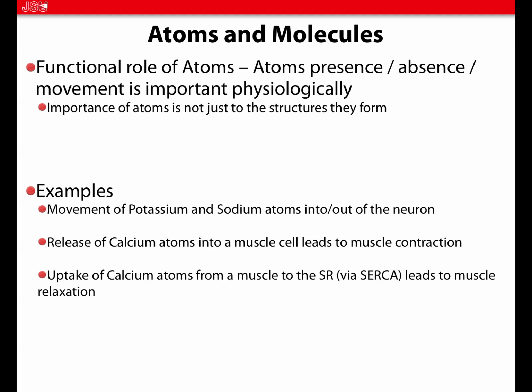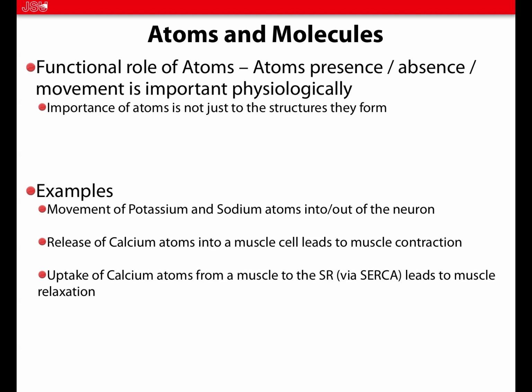Okay, so the presence of calcium, an atom, is important in the functioning of your cell to make your muscles contract. Sodium and potassium, when we look at the neuron, is another good example of the absence or presence of a particular atom being important in life processes.